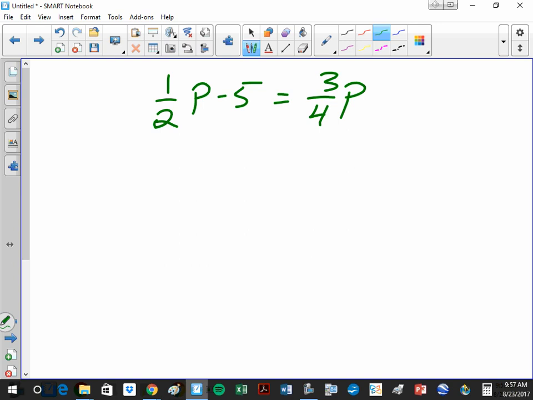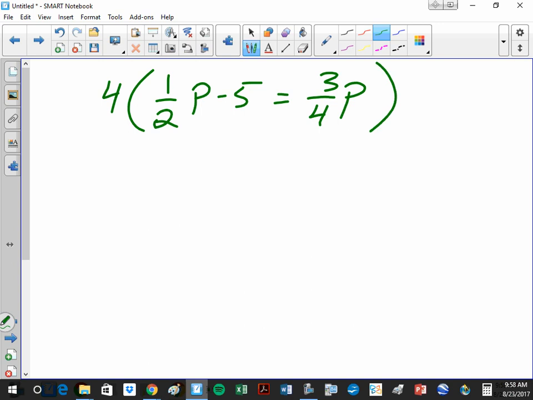So why did she pick 4? It's the common denominator. It's the least common multiple of the denominators. So if I multiply by 2, will it simplify the equation a little bit? A little bit, yeah. If I multiply by 4, then 4 over 2 will simplify to be a whole number, and 4 over 4 will also simplify to be a whole number. So I'm multiplying everything by 4.